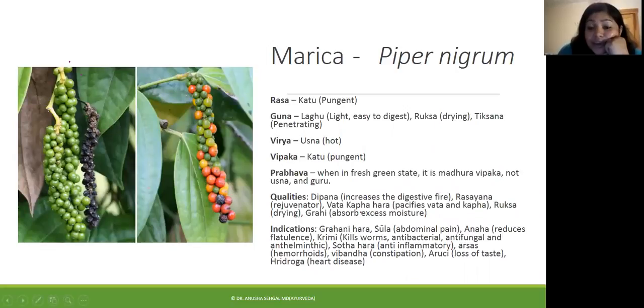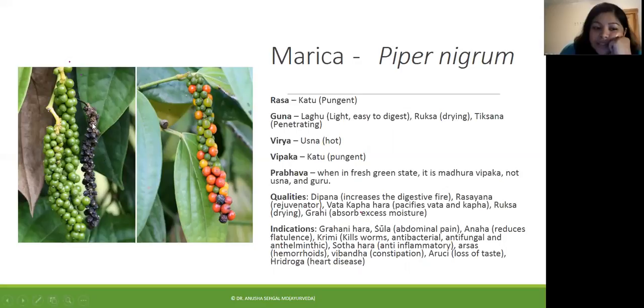It is not very ushna at all. It's much more mild, and it's actually somewhat guru, or heavy to digest. So this green version that you see here is heavy to digest, and it's more madhura vipaka, and it's not as ushna. It's not very hot in potency.